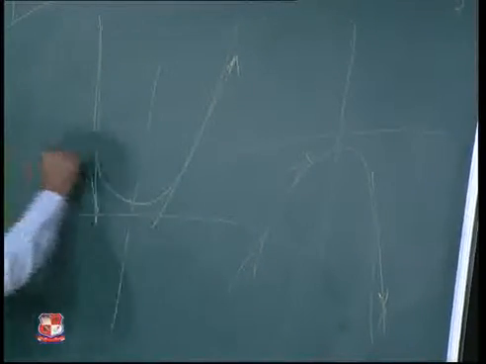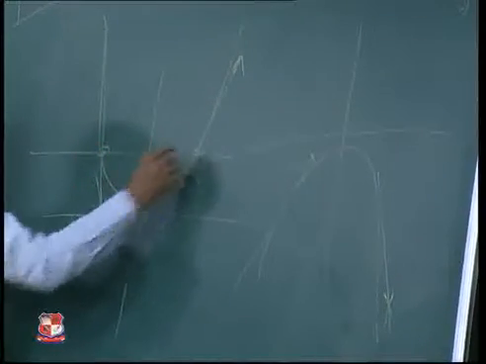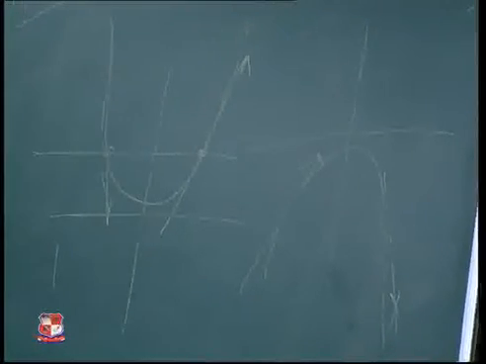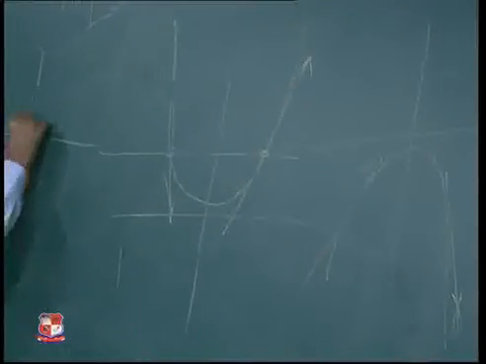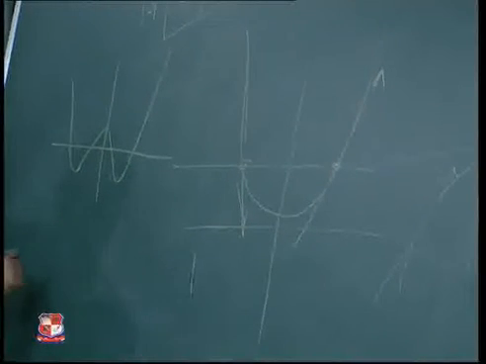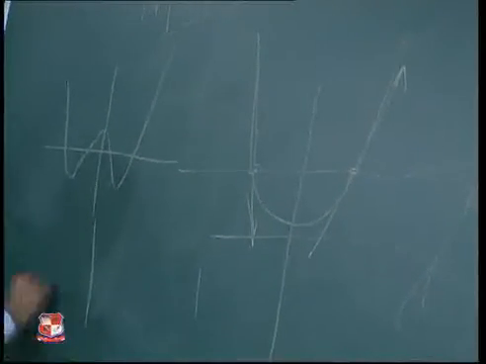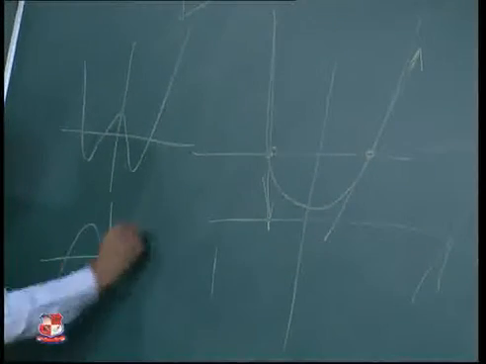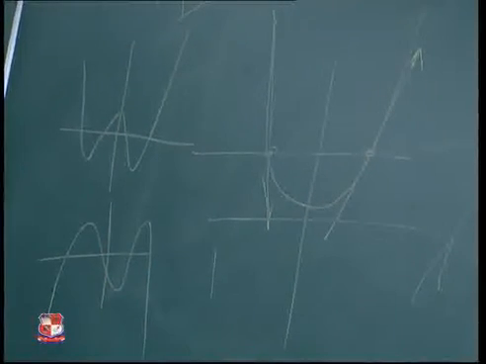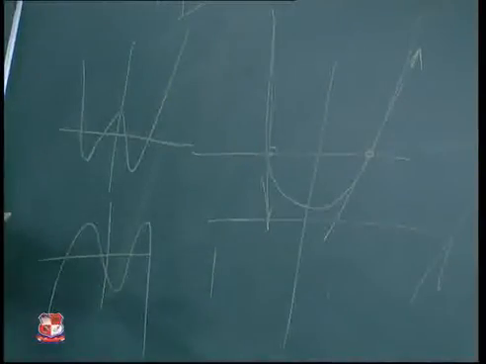And if it is 2, it will cut 2 points. Suppose this is the point here and here. If it is 4, like that end points. Or it can be like that. Okay. So depending on this power, you can visualize the shape of that graph.